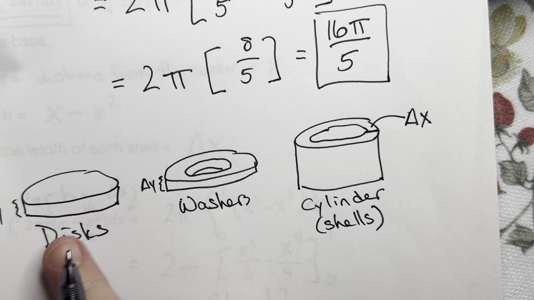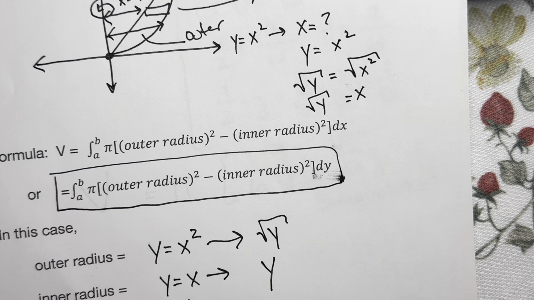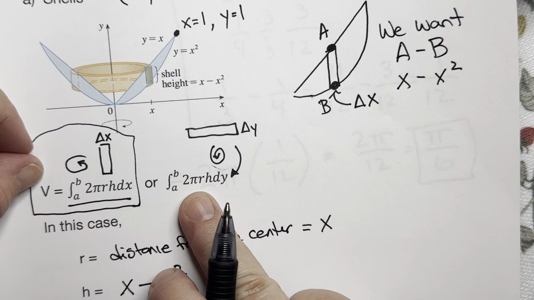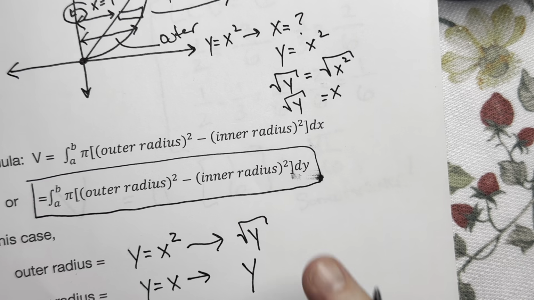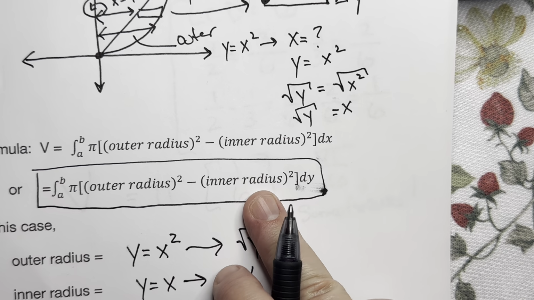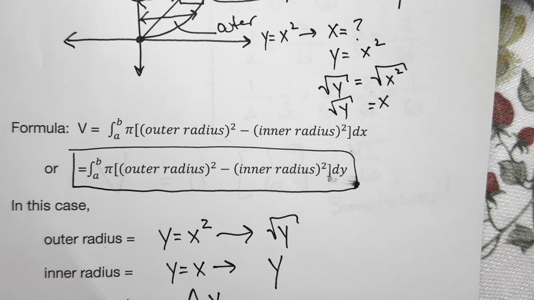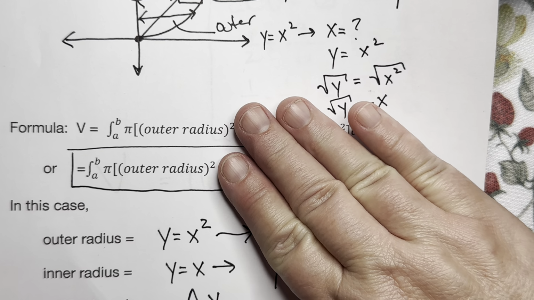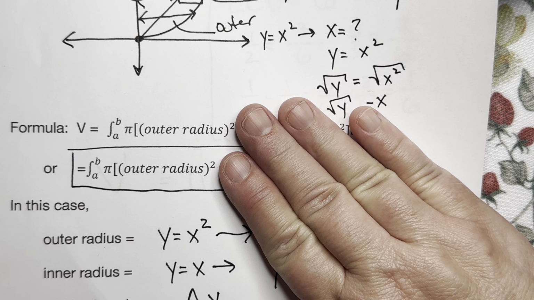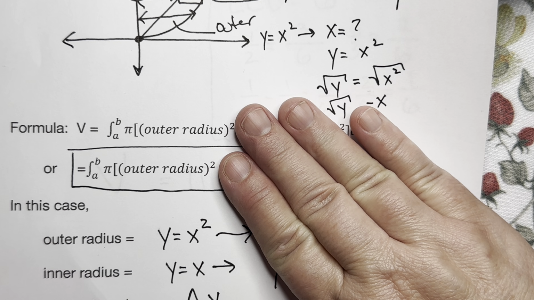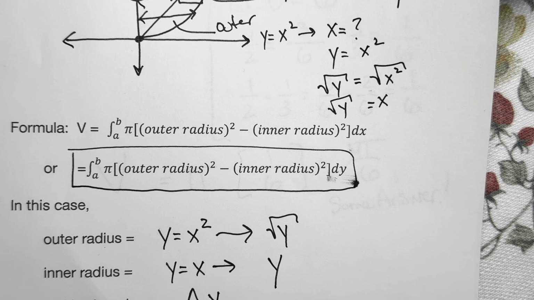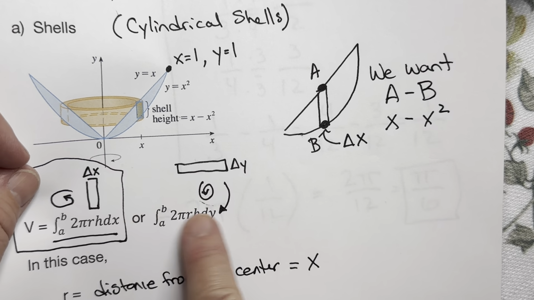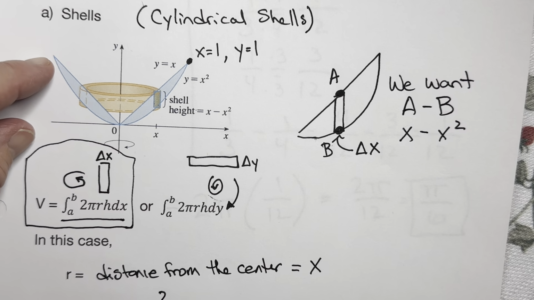They're considered together. I'm trying to find where I put the formulas. I gave you the formulas for cylindrical shells there, and the formulas for washers here. In fact, the formula for discs is just a single radius. So there's discs, there's washers, and here are the shells. So you've got all these formulas together.